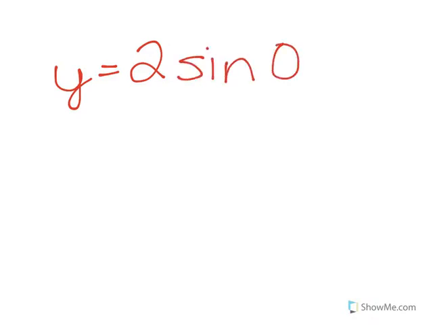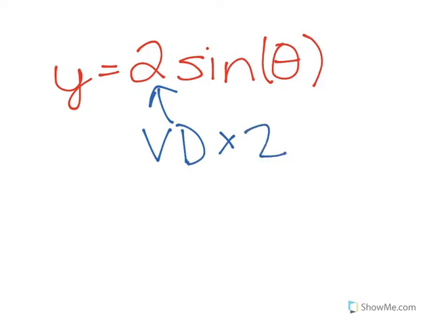So the first one I'm going to draw is the following. I'm going to write an equation, y equals 2 sine theta. So we're using theta instead of x. I'll put parentheses there to help out. Now what type of transformation is this? This is a vertical dilation times 2, because the 2 is multiplied on the outside.